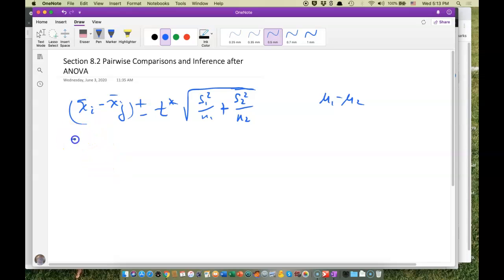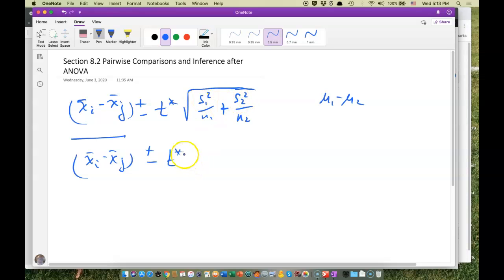Now, if we were to assume that the standard deviations were the same, we'd get something like this. We didn't have to assume they were the same when we were just comparing two groups, but when we're comparing more than two, it's much simpler to just go ahead and make that assumption. So this will both be the pooled standard deviation, the square root of MSE that we got.